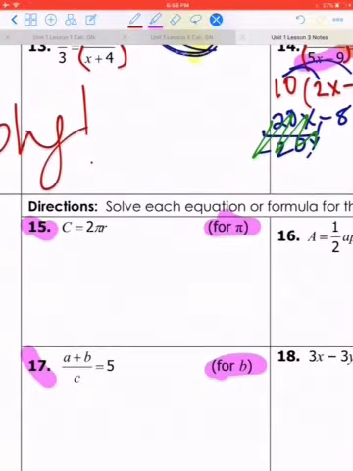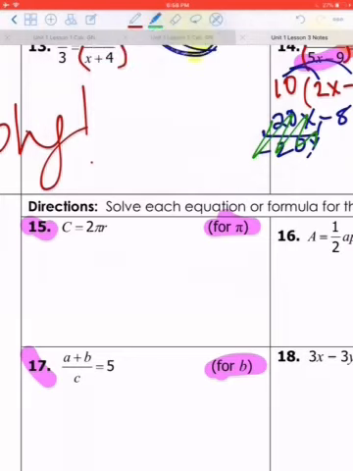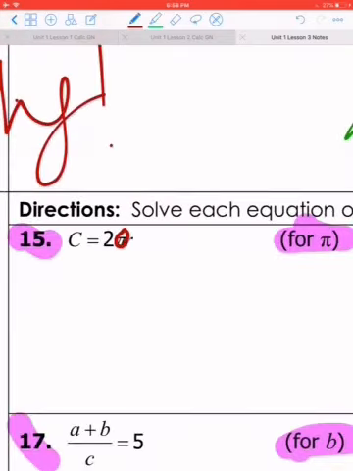So for 15, we're solving for pi. Alright, the first thing I would do if you're like a visual person is color your variable, okay? Oops. Alright, well, or circle it. Let's just circle it, okay? That is what I want to solve for, pi. So, c equals 2 pi, that's what I care about.